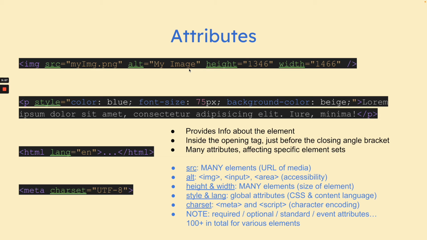So we say my image. You would really type out a full description of what the image is or what the media is, and by doing that, you would allow somebody who is perhaps hard of seeing, partially blind or fully blind, and they have to listen to the audio accessibility settings, then this would give a better description.